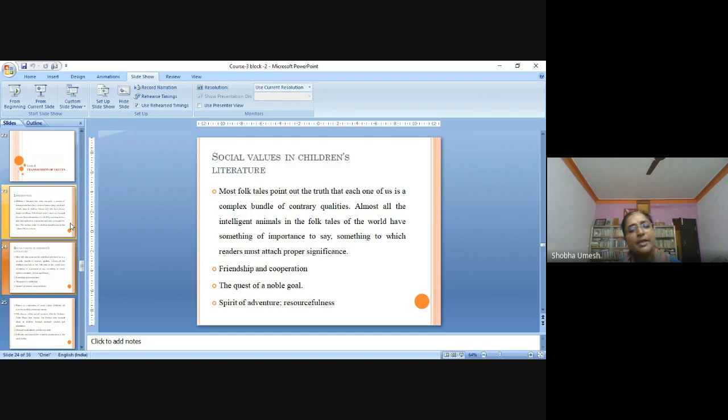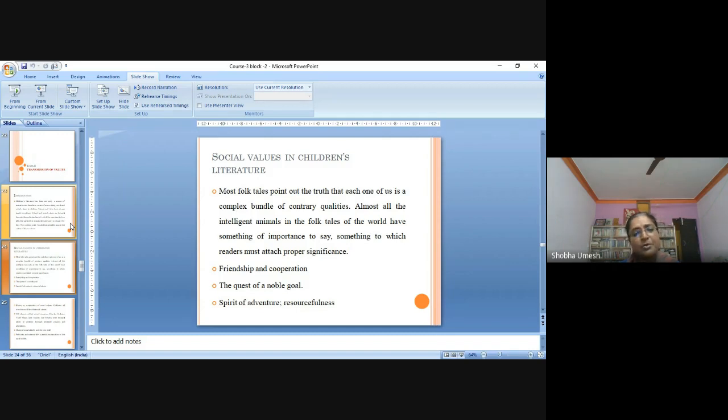The other point we come across is friendship. Most folk tales point out the truth that each one of us is a complex bundle of contrary qualities. Most of the stories talk about the complexity of the relationships in which we are living. And the other thing is friendship and cooperation.